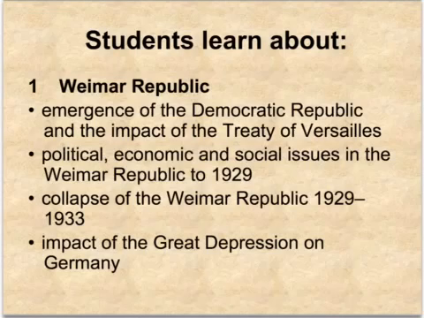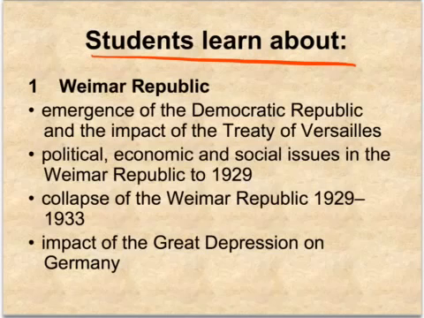Okay, so here we come to the next part, which is students learn about. So these are the actual events or concepts that we're going to be looking at. There's 4 of them. Weimar Republic, the rise of Nazis as a power, and then you look at Nazism in power, and you look at Nazi foreign policy, basically. Yeah, and we'll look at all of them.